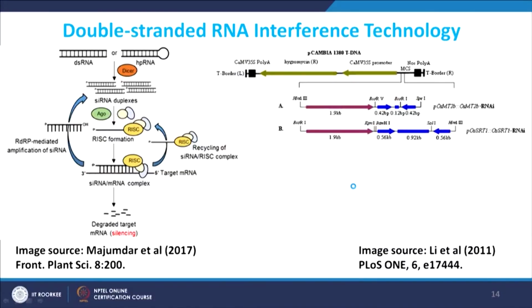The second method which is being used for down regulation is double stranded RNA interference technology. This technology was developed from the endogenous mechanism. So in plants, siRNA and microRNAs are known as a well-established regulatory mechanism. There is a large number of small RNAs, and they are regulating expression of many important endogenous genes.